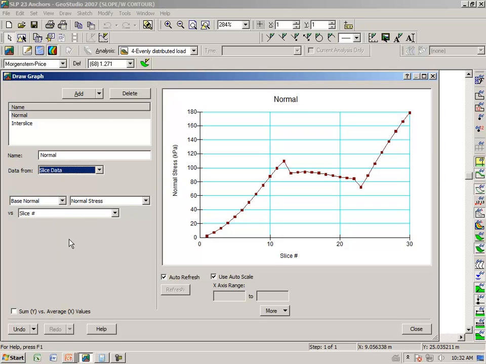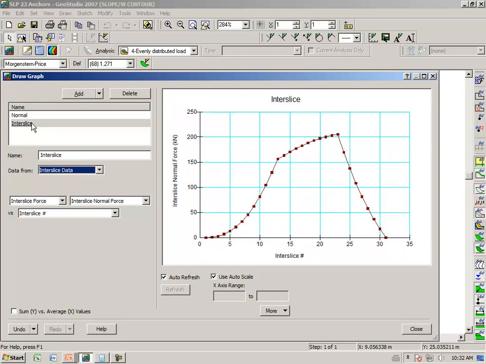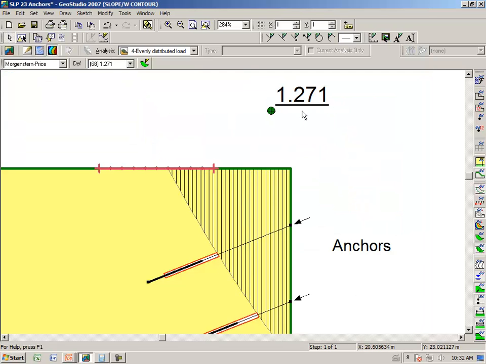And we also notice that the base normal does not have these peaks now. It is more evenly distributed. So this is much more realistic. But once again, notice that it did not have a great deal of effect on the overall factor of safety.